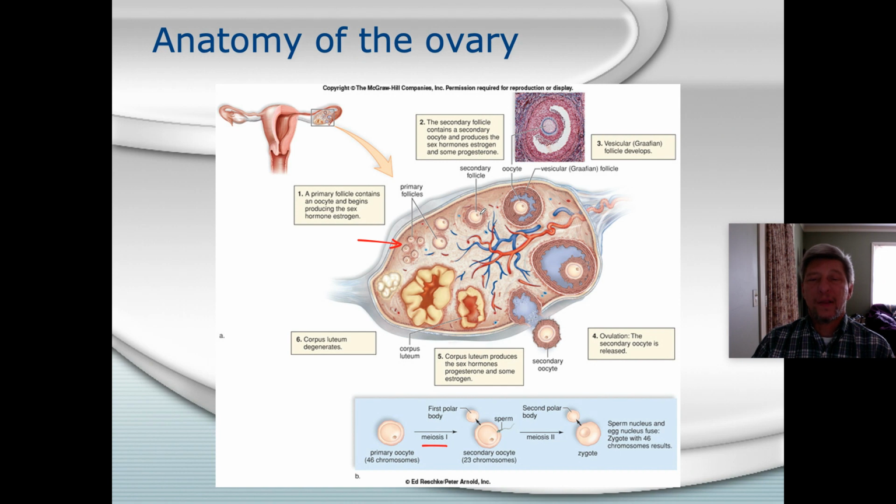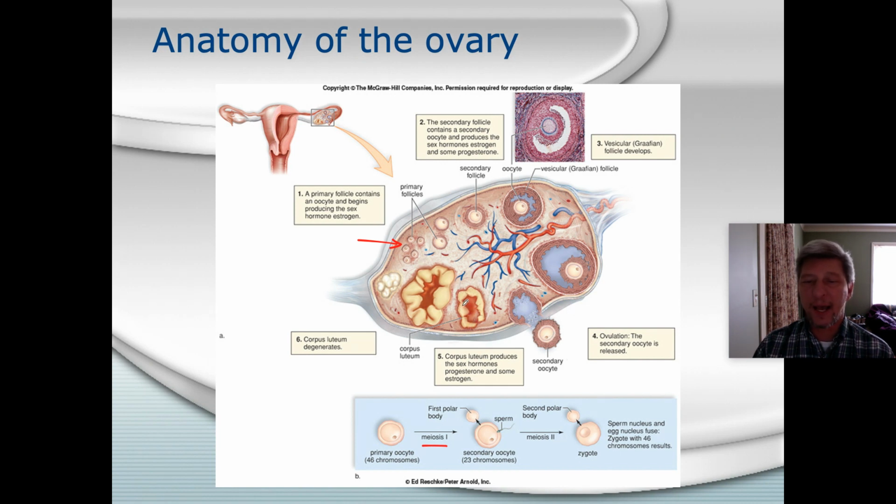Now, the secondary follicle will eventually become an oocyte, an egg, surrounded by a big follicle. And that follicle will continue to grow, and notice it surrounds the cell with a whole bunch of other littler cells that are support cells. At ovulation, the oocyte itself literally bursts through the ruptured ovary wall and enters into the oviducts.